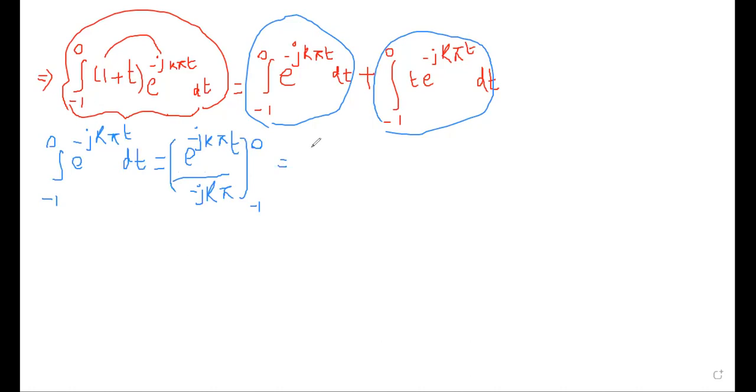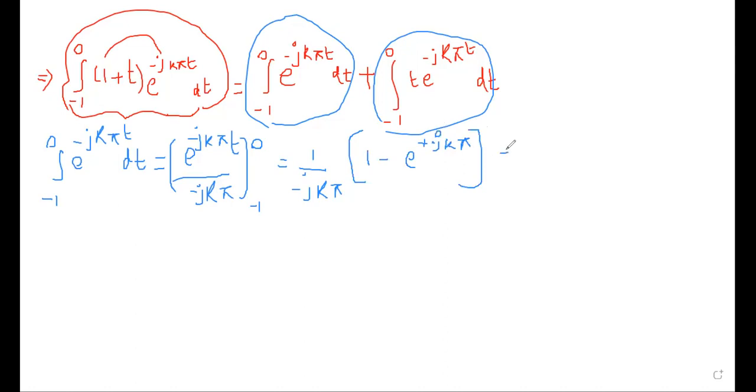Before substituting the limit, let me take this minus jk pi outside, because that does not have any t term. If I substitute the limit 0 here, e power 0 is 1, minus of e power, in place of t I substitute minus 1, so it is plus jk pi, e power plus jk pi.